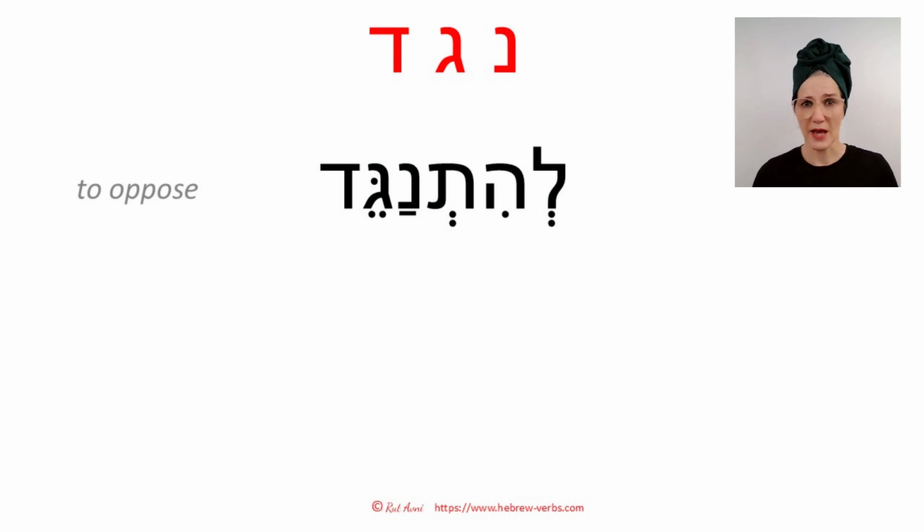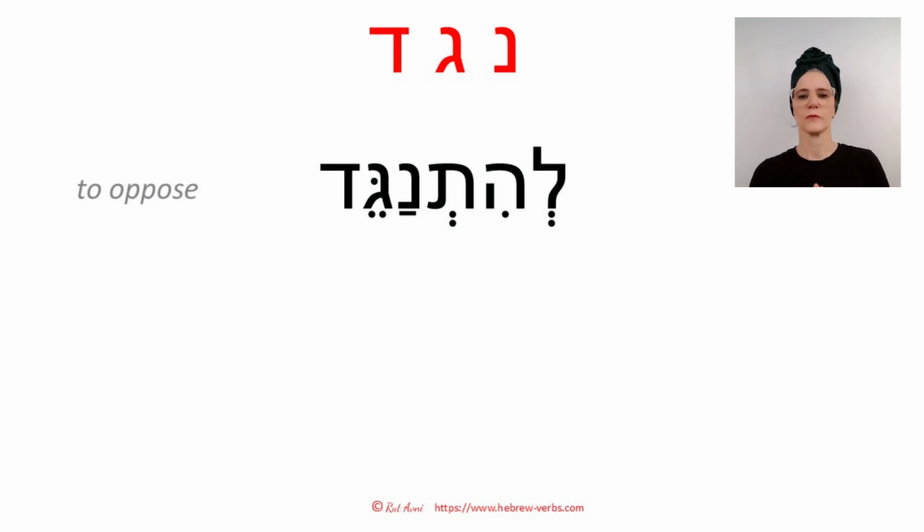In the regular hit-pael verbs, you take hit and you have the root and end of story. You only need the vowels. I, a, e. להתנגד. Neged means against. So להתנגד, to oppose. Perfect.